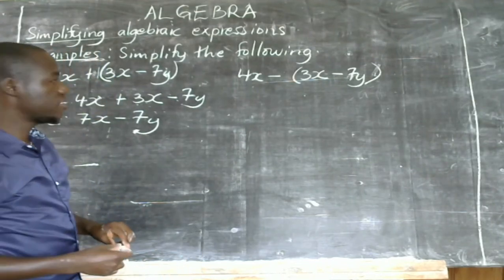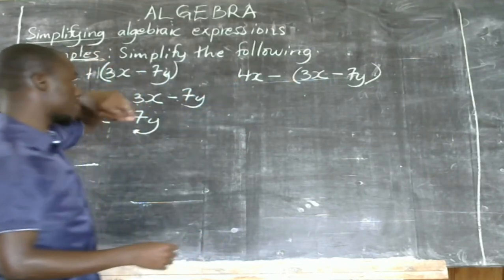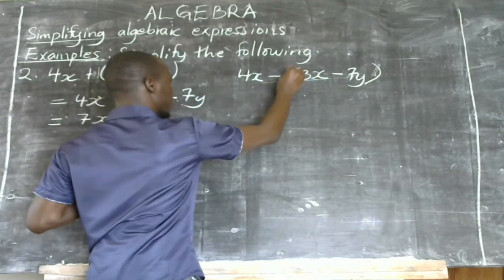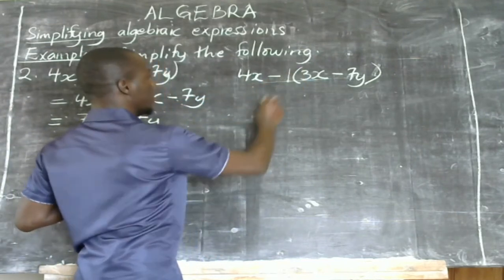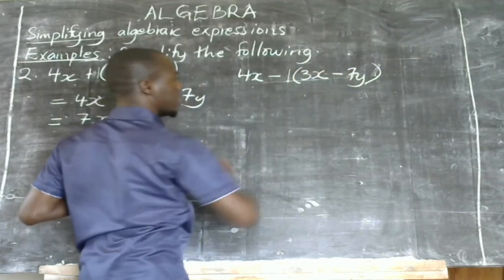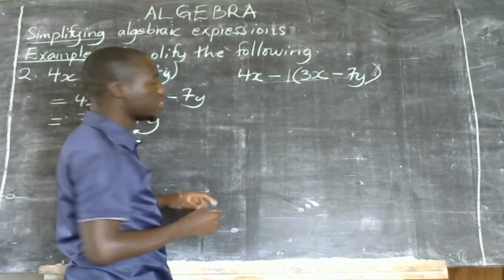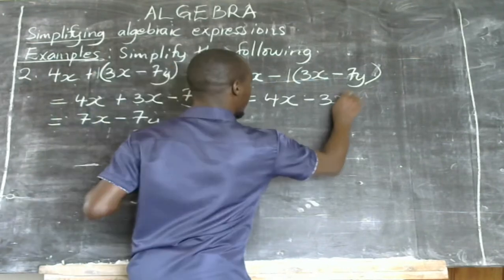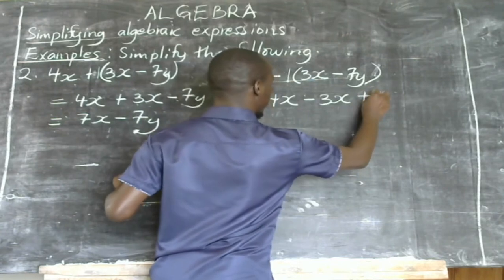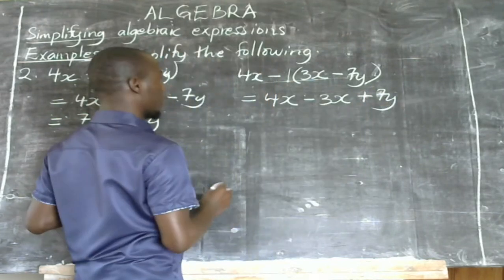Now suppose this example had a negative there. This negative 1 is going to affect the signs of every term inside that bracket. So here we would have 4x minus 3x, then plus 7y. Why?